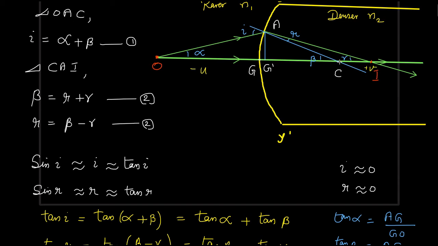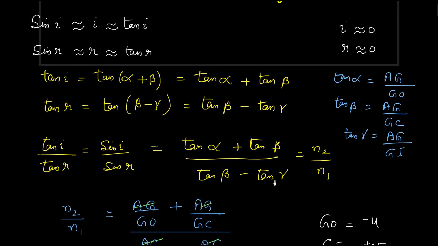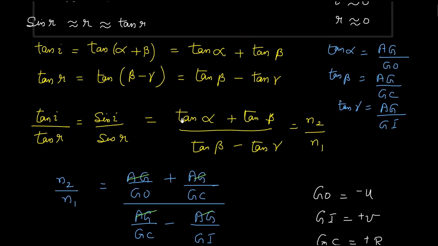GC, C is the center of curvature, GC is the radius of curvature, which is measured towards right, so GC is plus r.